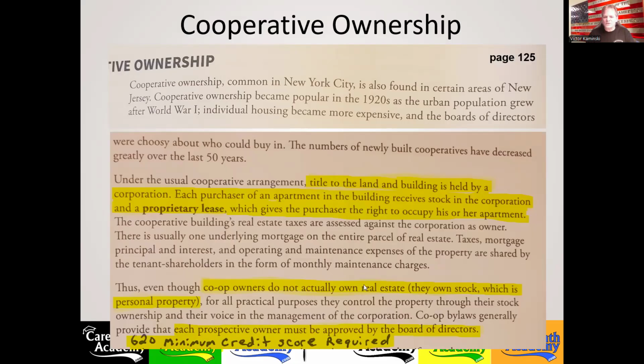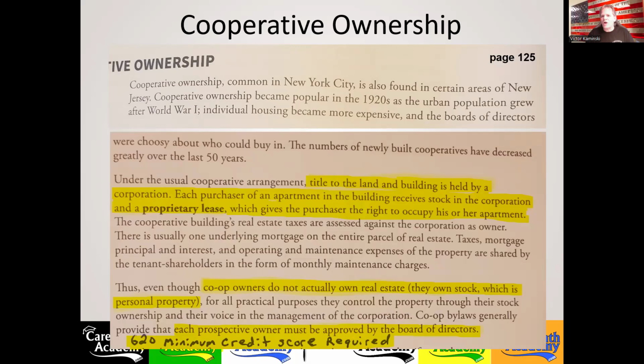Now, usually they're more selective and choosy because of people's credit scores and their history of paying their debts on time. Usually they require a minimum 620 FICO credit score. FICO stands for Fair Isaac and Company, who created the credit scoring system.